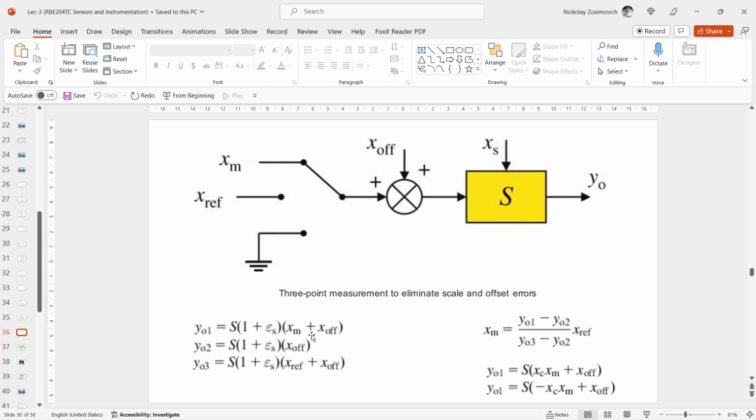The first method of multiple input measurements is illustrated in this figure at the top. Additive errors are represented by the signal X. Multiplicative errors due to the interfering signal X are represented by the relative error epsilon.